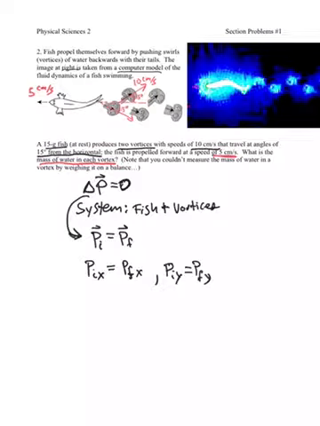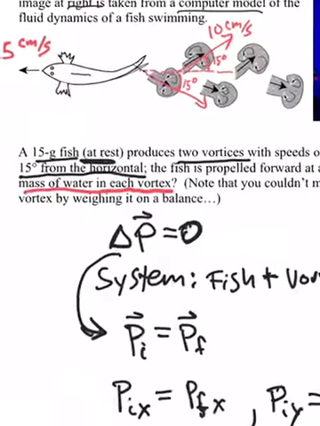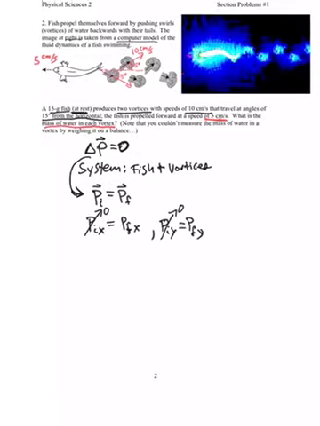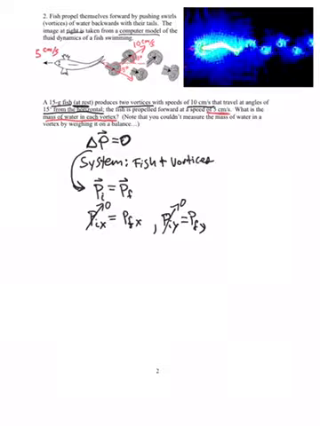Initially, the fish is at rest, and the water is also just sitting there at rest, so any initial momenta are 0. Let's work on one component at a time, starting with x.